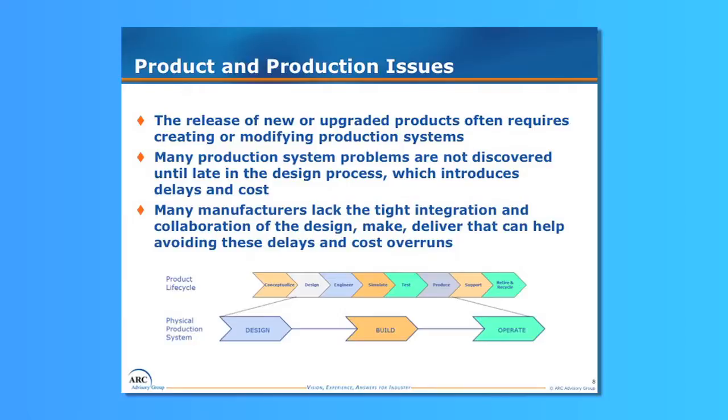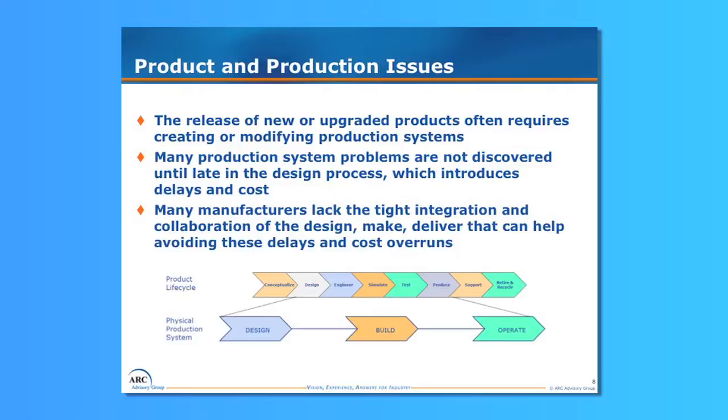The product life cycle is getting pretty short, and the product life cycle is tightly tied to the production systems, and they obviously have a great impact on those production systems. New releases and upgrades often require modifications to those systems, so those have to be planned out pretty effectively to make sure that there aren't any delays.